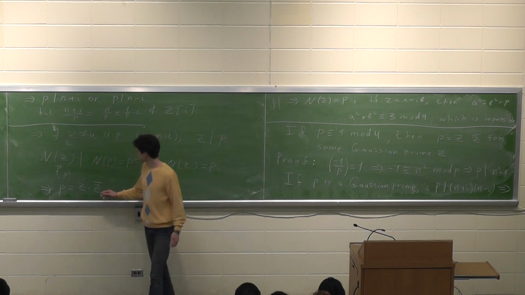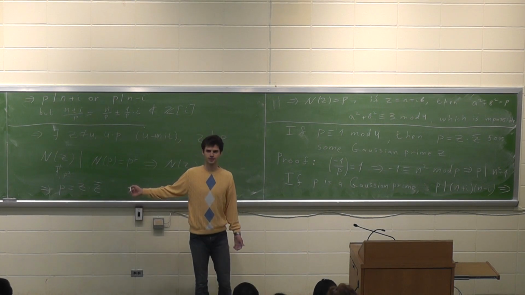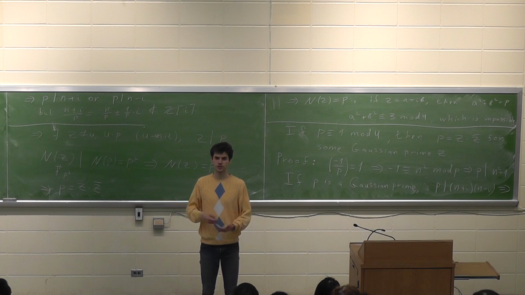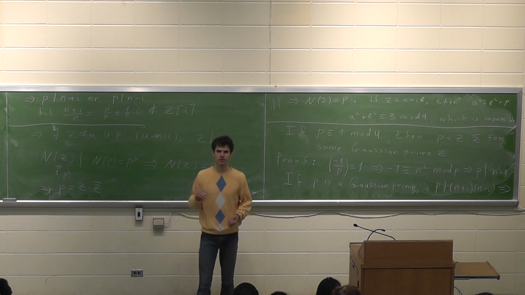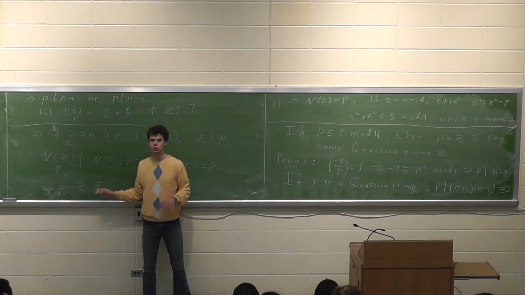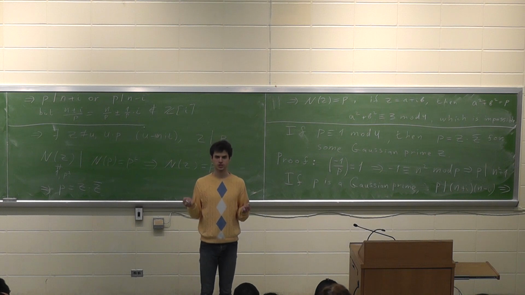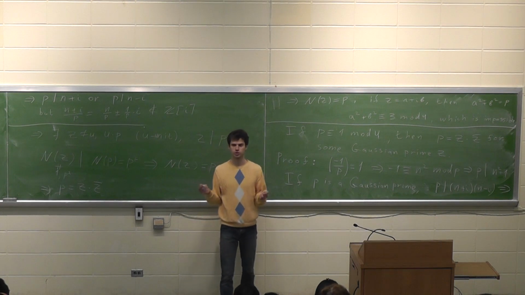Of course, if Z is prime, Z conjugate is also a prime. Because if you have a factorization of Z conjugate, just conjugate it and you get a factorization of Z. So the factorizations are related to each other. One is the conjugate of the other.